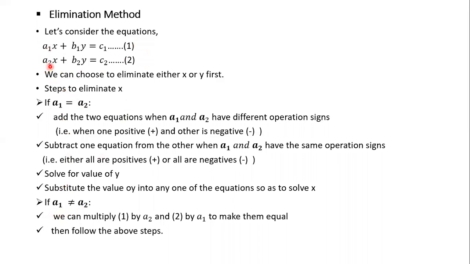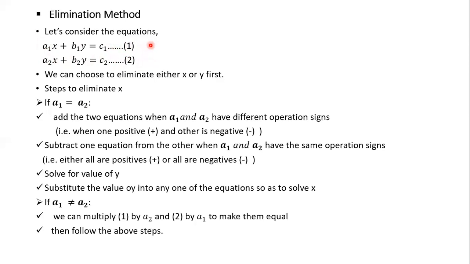That's the coefficient of x in the second equation. So I'll take the coefficient of x in the second equation and multiply it by all the terms in equation 1. Then you take the coefficient of x, which is a1 in the first equation, and multiply by all the terms of equation 2. So multiply equation 1 by a2, equation 2 by a1.